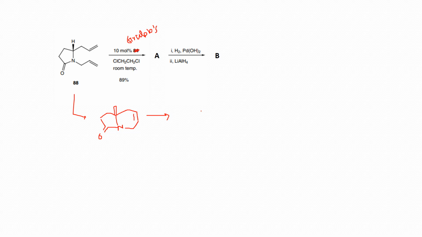H2/Pd will reduce this double bond, whereas lithium aluminum hydride will reduce this amide and form an amine. So this will be our A and this one will be our B.